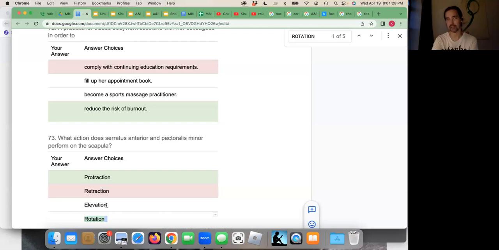There's no elevation of the scapula happening because the fibers attach at the scapula and they point downward toward the ribs. There's no rotation. Rotation is, I think, both elevation and protraction happening. But more importantly, rotation is not something we associate with the scapula, but more with bones that are shaped like axles, like the femur and the humerus.